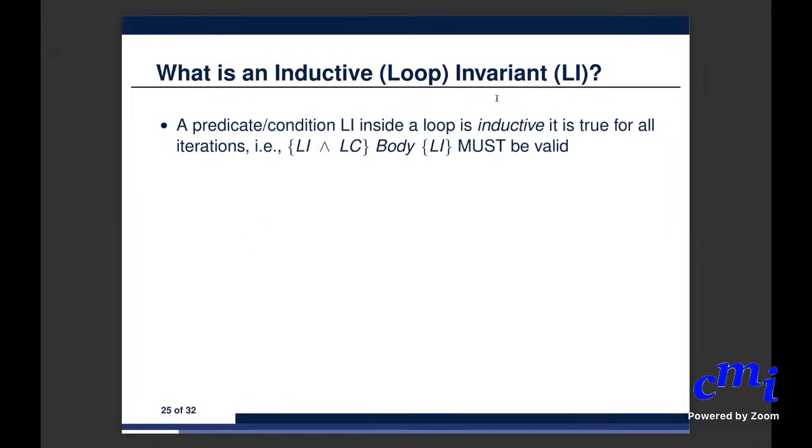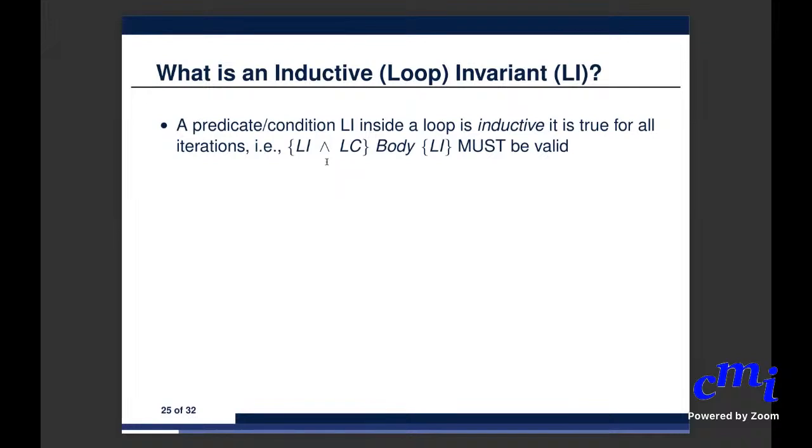So what is a loop invariant? It's a predicate Li inside a loop that is inductive if it is true for all iterations. A predicate that is inductive is what is called the loop invariant.